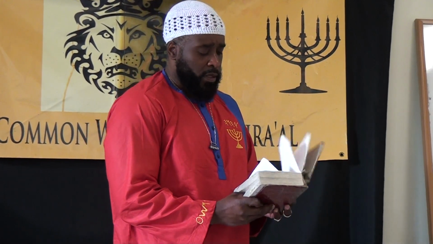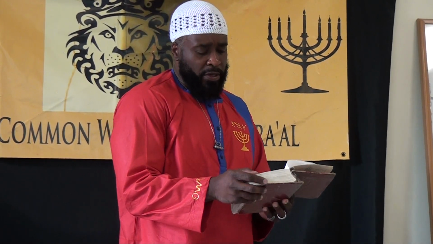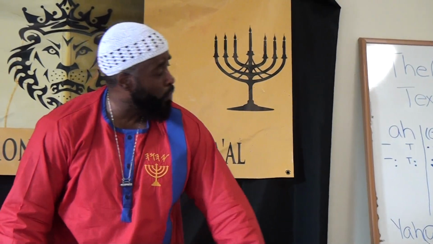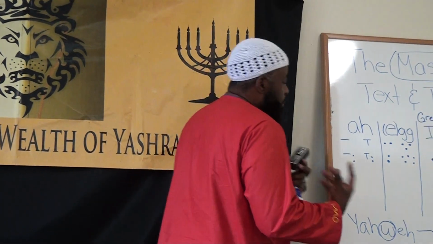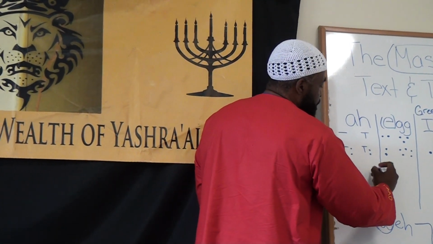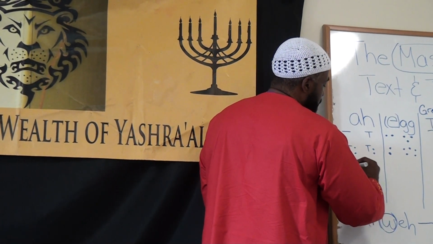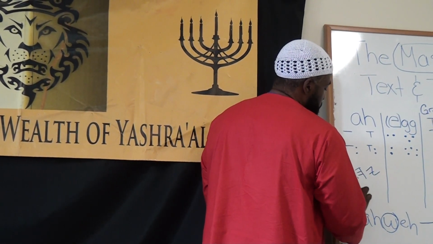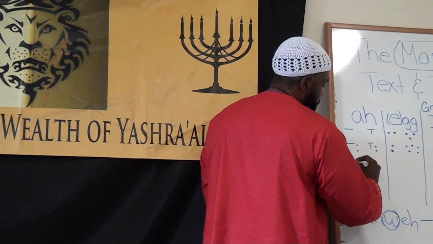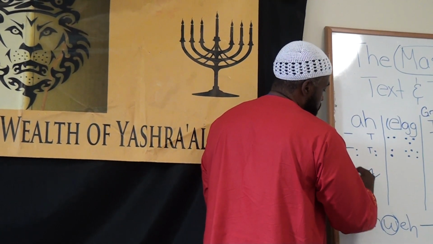On the top page here, it has the Yod-He, Hu-He in the King James Version. So it does have the tetragrammaton, and that's what the 4 letters are called. Tetragrammaton. And that's again the 4 consonants, the Yod, He, Hu-He.